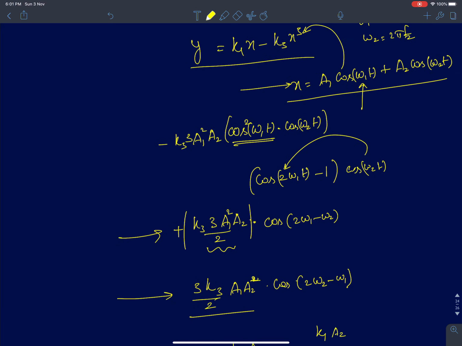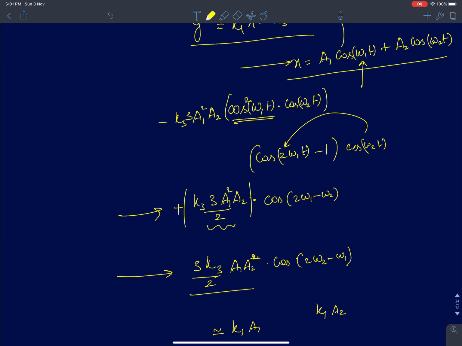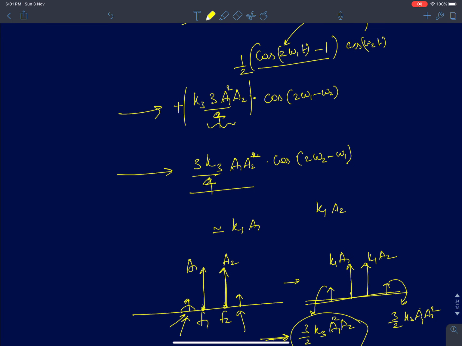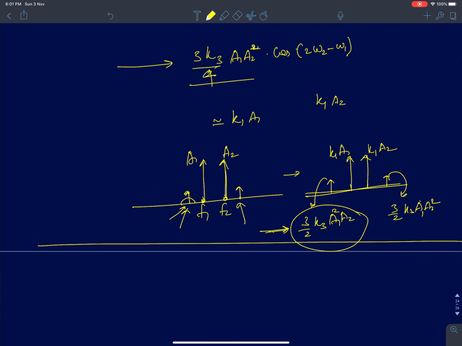There is a small correction. For example, it is cos 2 omega t, and I missed a factor of half here, so this should be 3/4. So it is 3/4 k3. I just wrote 3/2 so far.